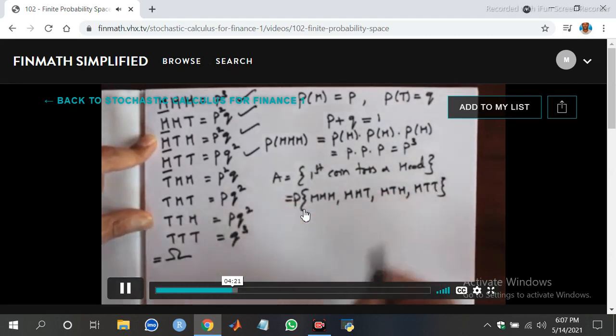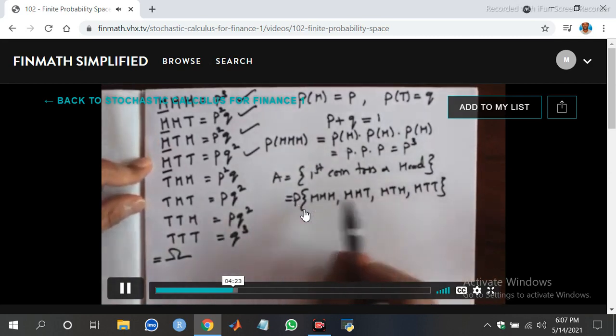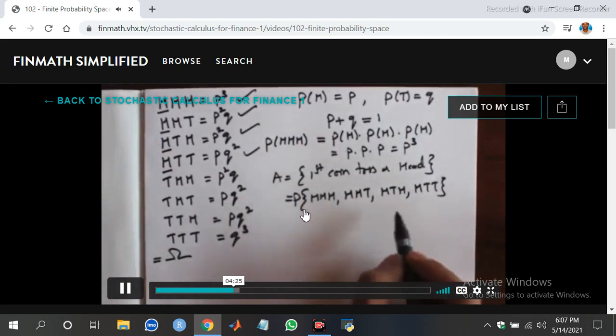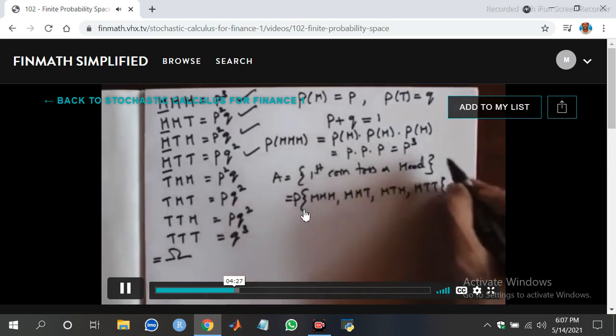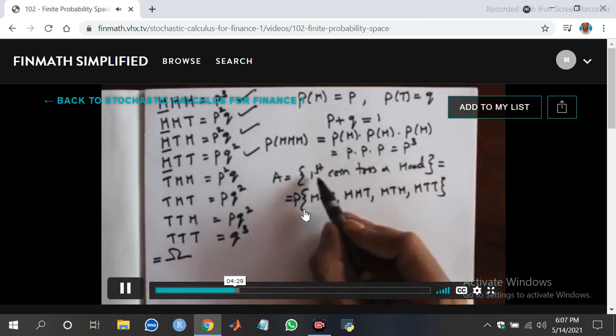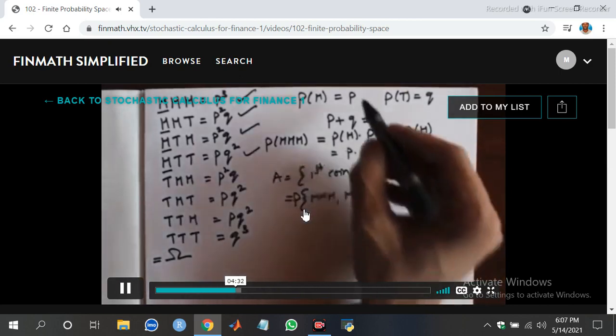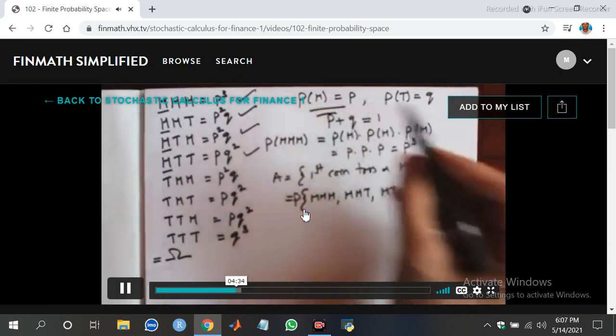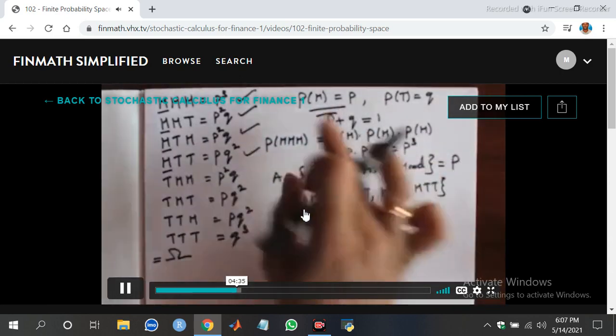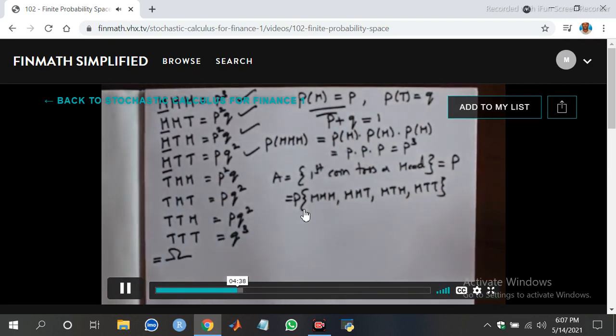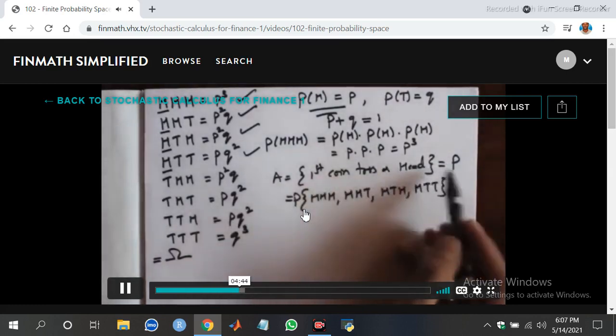We want to find the probability of getting a head on the first coin toss. Intuitively, we know this is simply the probability of a head, which is the probability that the coin toss results in a head. That's exactly what our intuition says this should lead to.